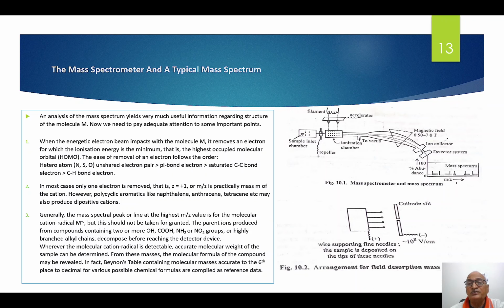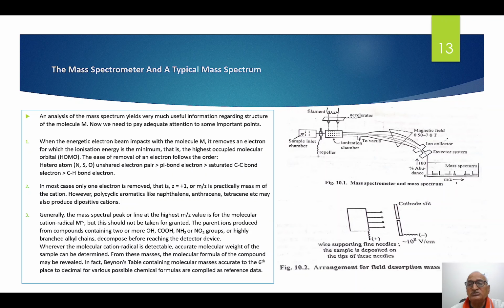But here the magnetic field deviates each kind of ion from their path. The ions having lower mass are deflected more. This question is sometimes asked. Remember, the ions of lower mass are deflected more than the ions of higher mass. The purpose is to separate the ions so that they can reach the detector at different points.